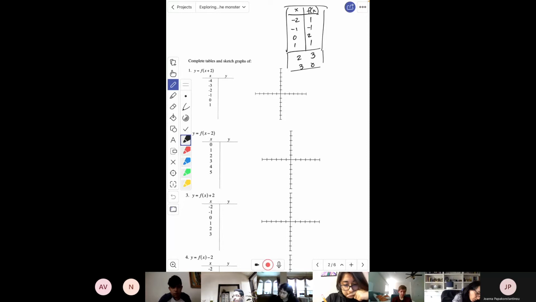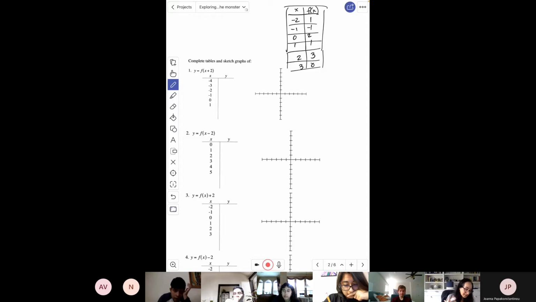And the reason I'm going to write this table of values is because those points we know exist on the original parent. We know those values. So I'm now going to look at each of these and try to figure out, what am I doing and what would the graph look like once I've done it?